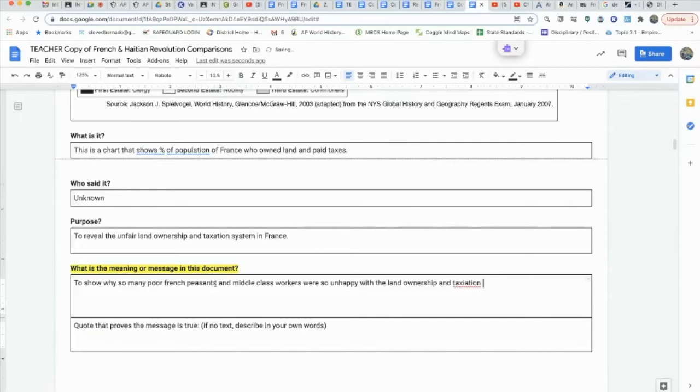What is the meaning or message in this document? Well, it's to show why so many poor French peasants and middle-class workers were so unhappy with the land ownership and taxation system in France.